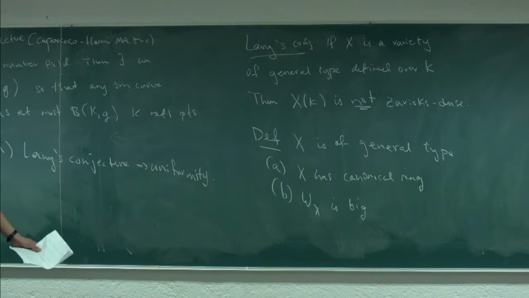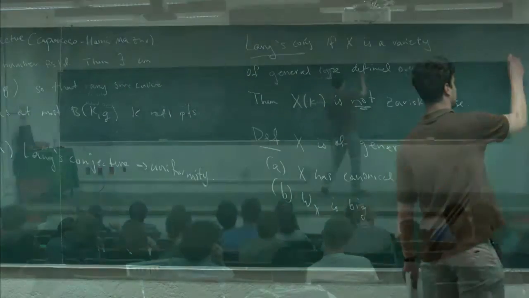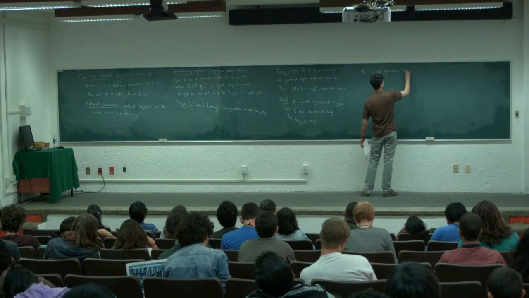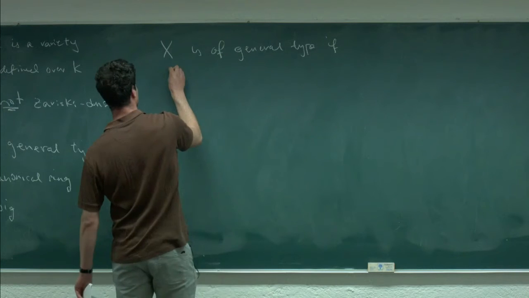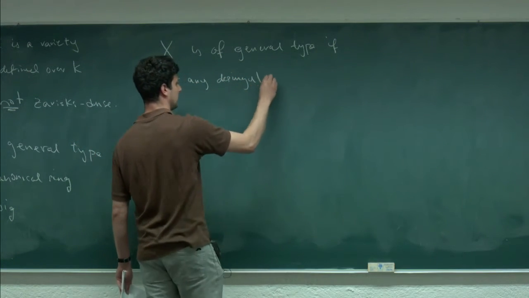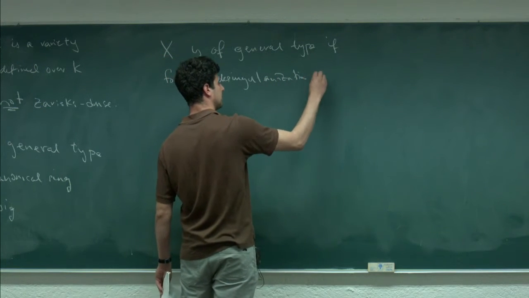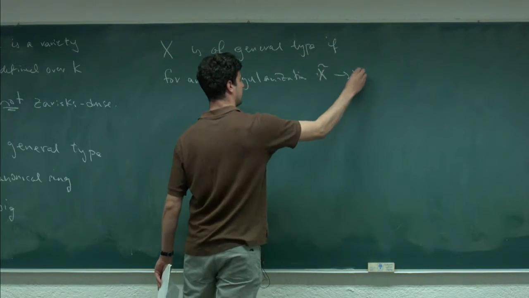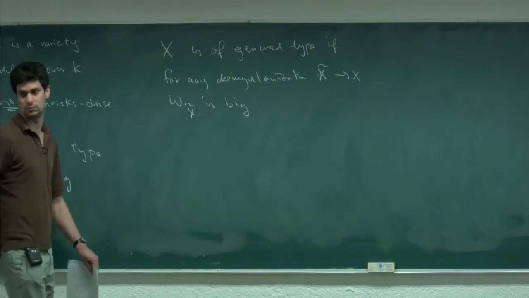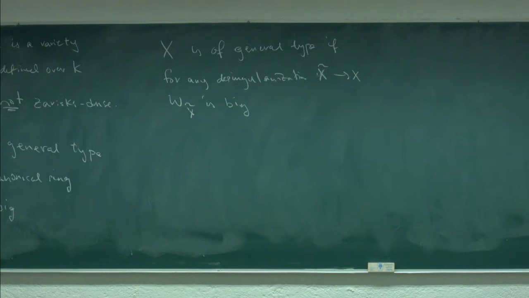Equivalently, we could say that X is of general type if for any desingularization, this smooth one here, X tilde, is of general type, so omega of X tilde is big. Okay? And canonical singularities precisely means that the sections of the canonical sheaf lift to the sections of the canonical sheaf under the resolution. Okay, so these definitions are equivalent.